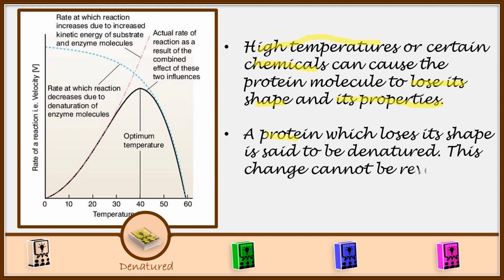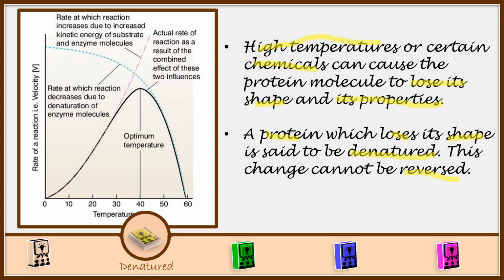A protein which loses its shape is said to be denatured. This change cannot be reversed. So when a protein loses its shape, it means that we have broken a lot of bonds. And when it loses its shape, we say it has been denatured.